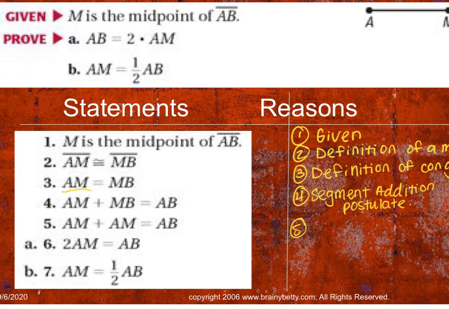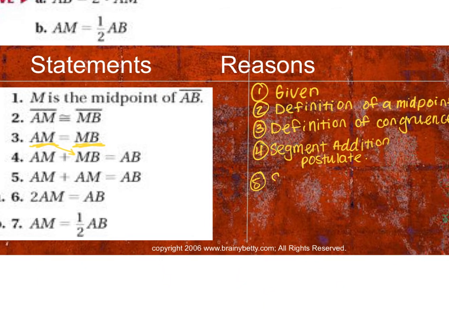That's because we substituted AM equals MB. So we plugged in AM for MB in this equation. So that was the substitution property of equality.